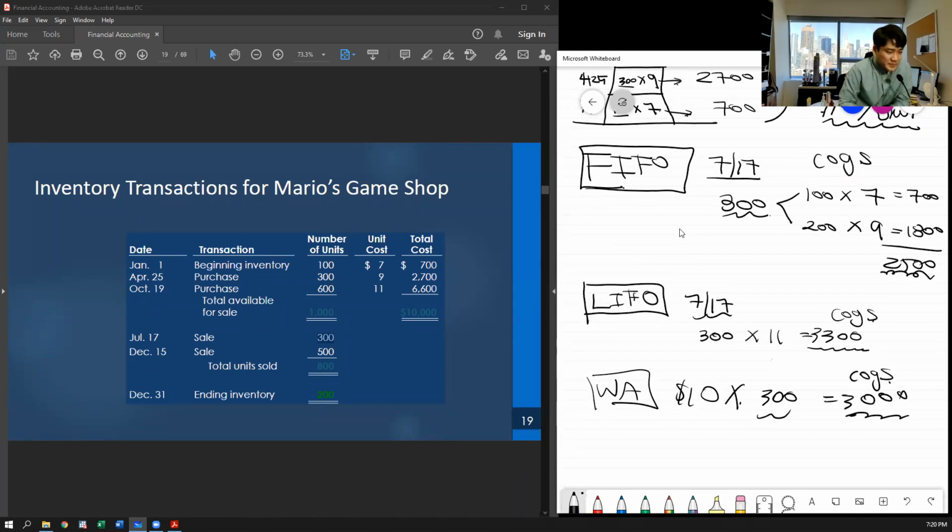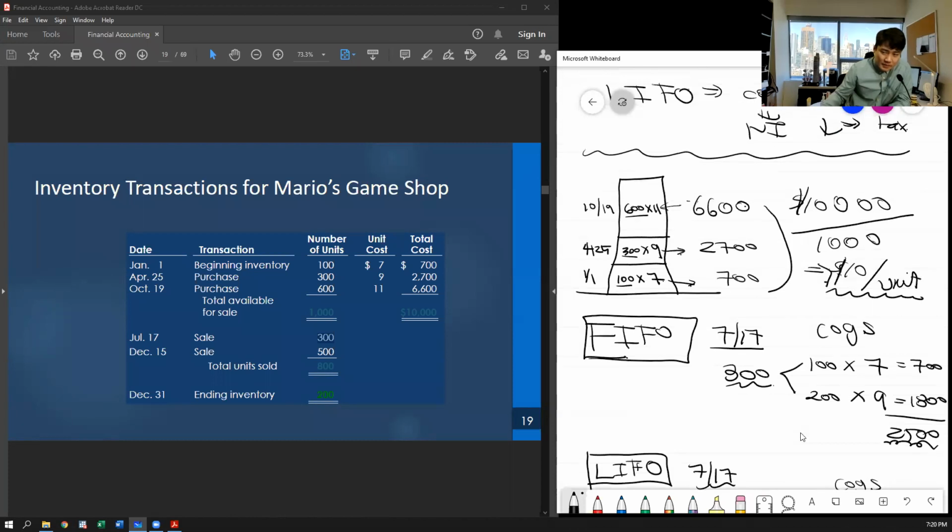Okay. Now, some students make a mistake by just simply averaging this 11, 9, and 7. Don't do that, okay? You're supposed to calculate the weighted average. So you are supposed to first calculate the total dollar amount of your inventory, divide that by the total number of units in order to get the weighted average.